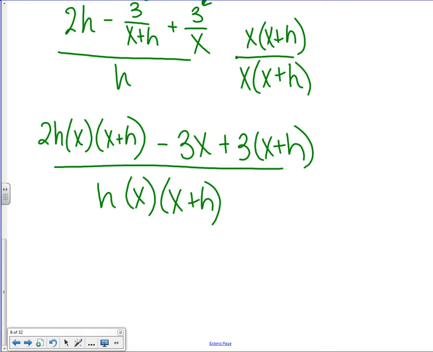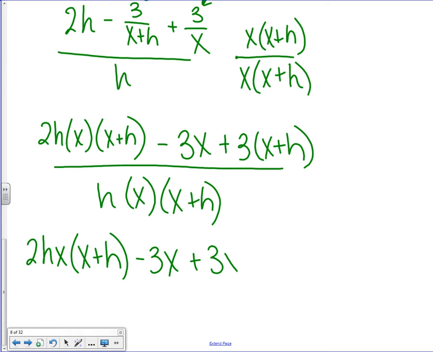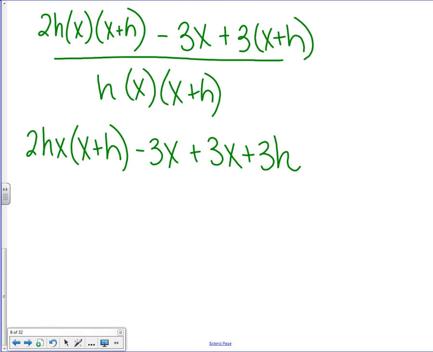All right, let's do some combining here. First term up there, I have 2hx times x plus h minus 3x plus 3x plus h. I'm sorry, 3x plus 3h. Again, this is just my numerator for now. All right, let's distribute up front here.